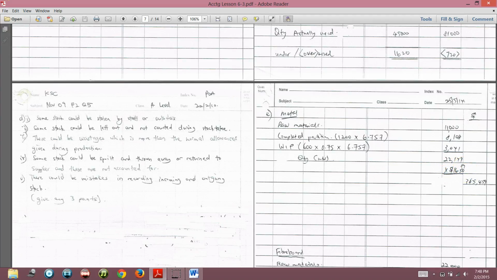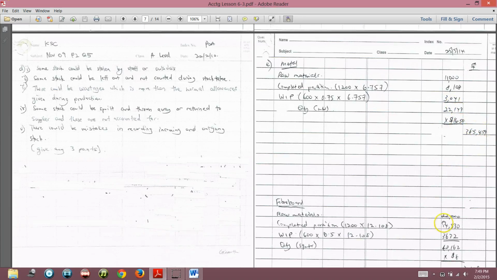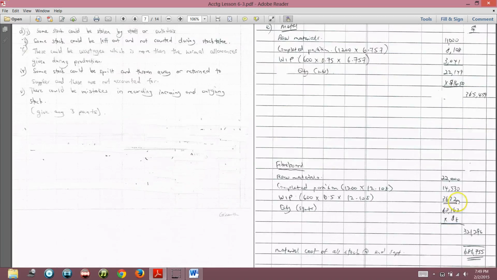So part E says calculate the material cost of all stock. The material cost of metal will be this one times this one, which is 365,464.59. Similarly, this is times $8.